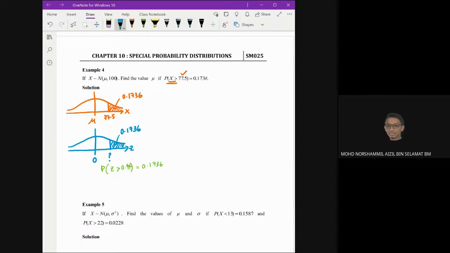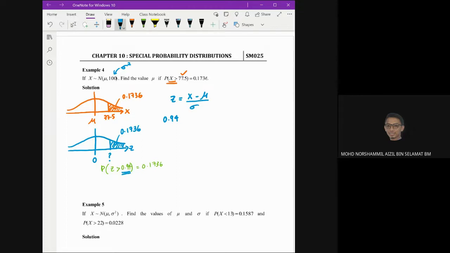So what does it mean? From the formula, Z equals X minus mu over sigma. And you need to understand that this one is sigma square. So Z, guys, the Z is 0.94. This is your Z. Is it okay?